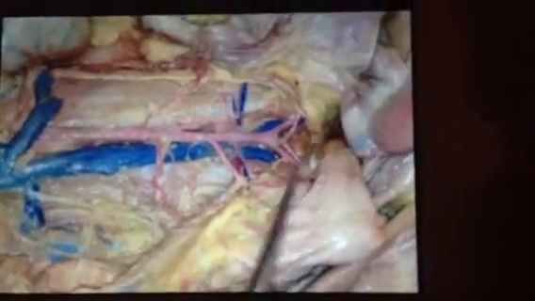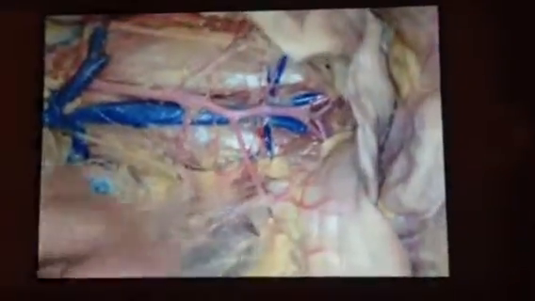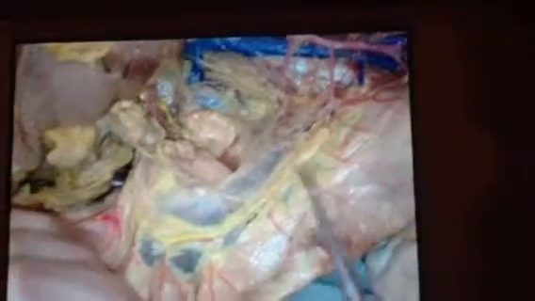Internal iliac, external iliac. Okay. Now for the digestive arteries, we have this first one right here is the inferior mesenteric artery. And if you look on the mesentery, we have our inferior mesenteric vein. Okay.